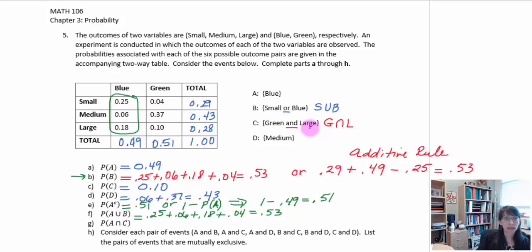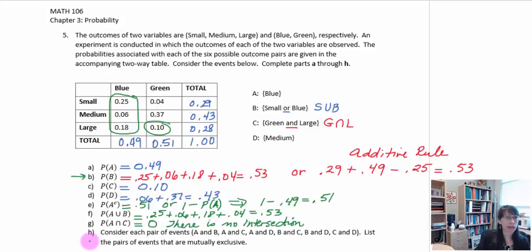Event C, we're looking for the intersection of green and large. That's our 0.10. Do you notice how the rings that I drew are not overlapping? In other words, they're not intersecting at all. So we do not have an intersection of events A and C. So the total probability would be 0 because there is no intersection.